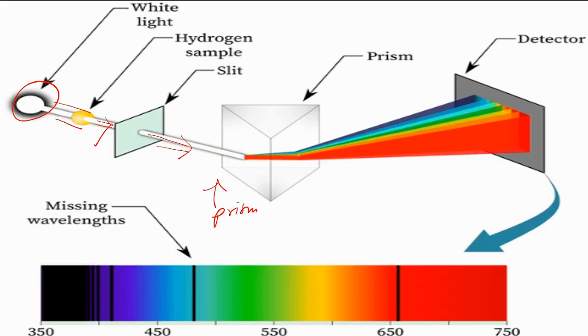After the prism, that white light is being deflected into different types of lights, and we are having this spectrum. On this spectrum, you can see these are some lines. So these are line spectra.